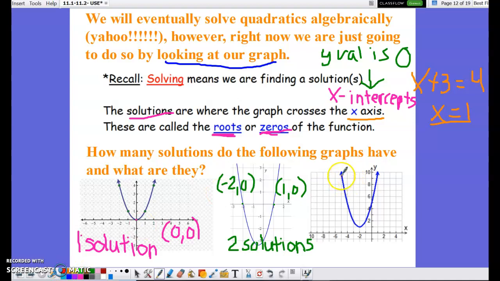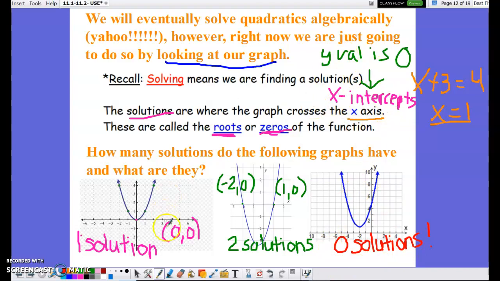If you notice here, this quadratic function never crosses the x-axis, meaning it has no x-intercepts, which would mean that it would have 0 solutions. There's no solutions to this graph. You can still graph it, obviously, since we see the graph, there's just 0 solutions because there's 0 x-intercepts.